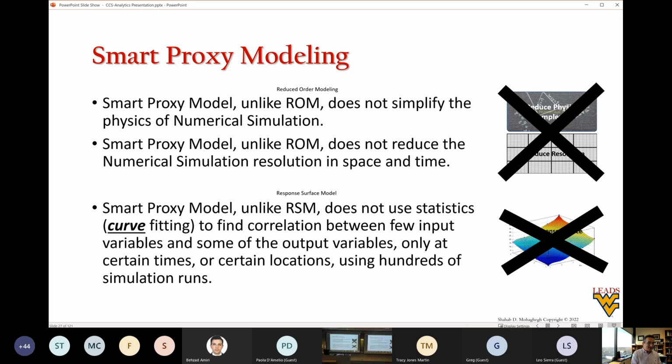A lot of people think statistics and AI and machine learning are the same thing. They are not. When people tell you that, stop listening to them because you're wasting your time. It doesn't use curve fitting to find correlation between a few input variables and some of the output variables, only at a certain time or certain location, using hundreds of simulation runs. This is what RSM does.